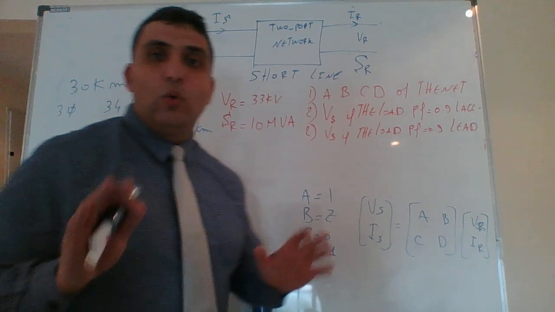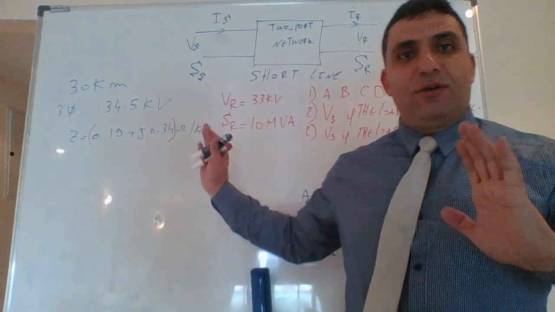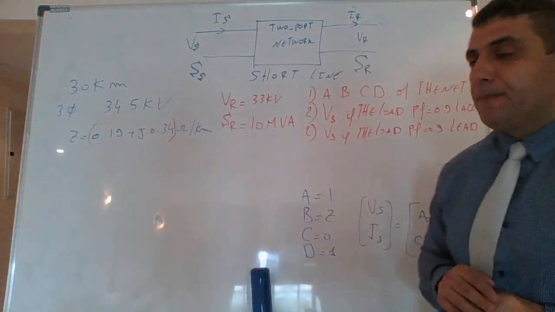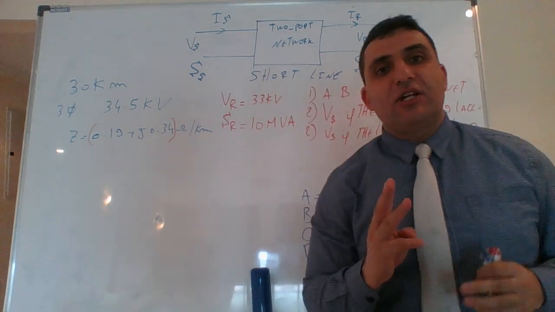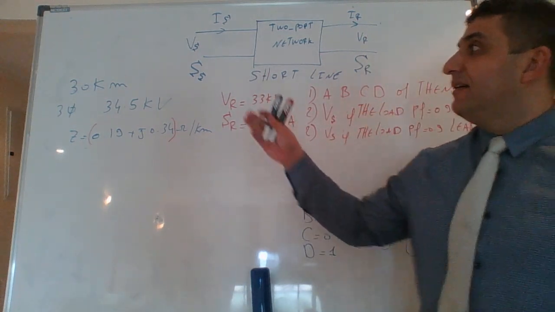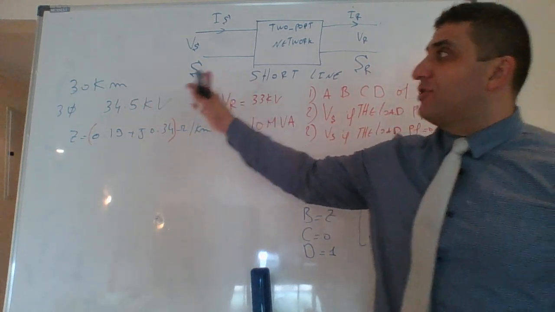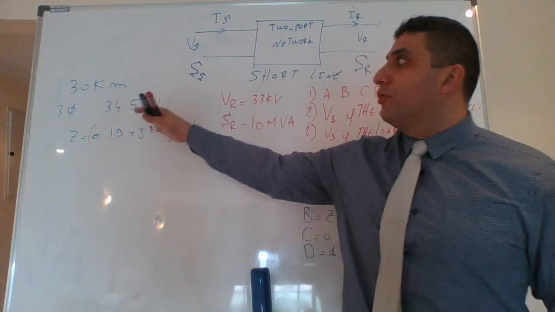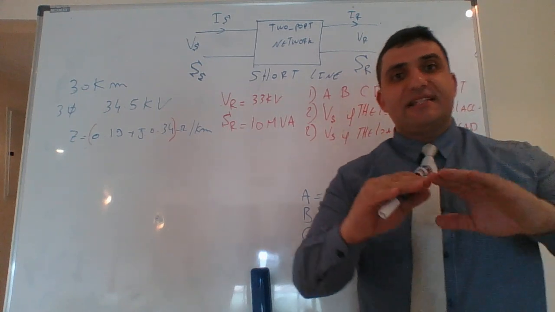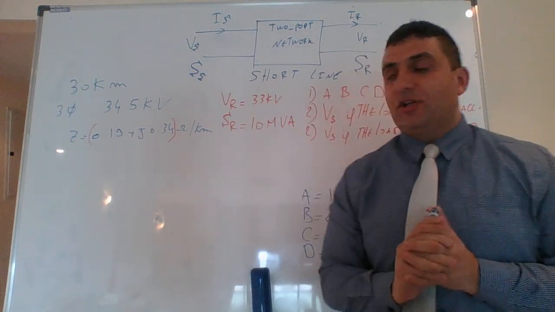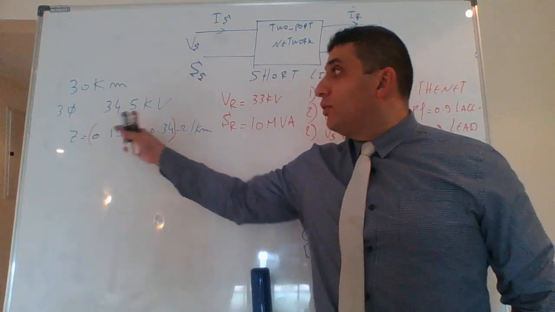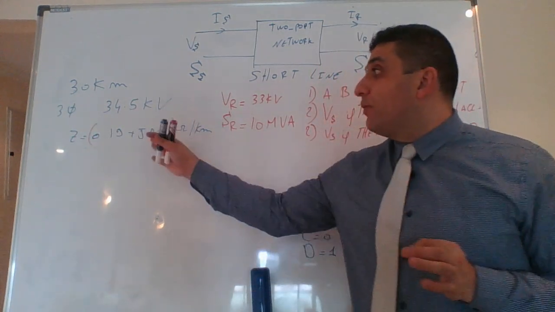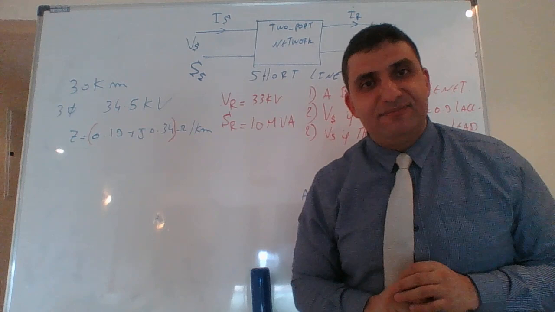Let's go one more time over the question that we need to solve. We have a three-phase transmission line. The system rating of the transmission line is 34.5 kilovolt. I have an impedance of 0.19 plus j0.34 ohm per kilometer.